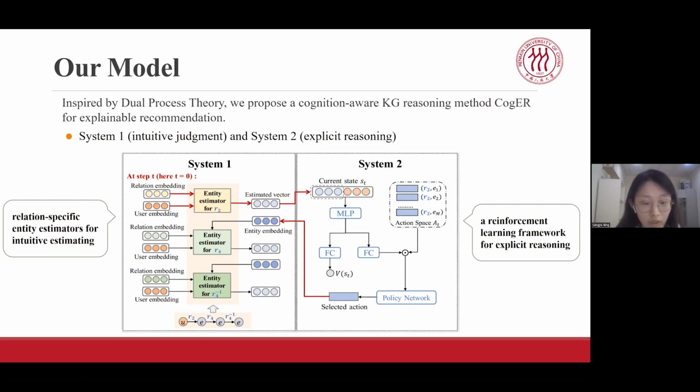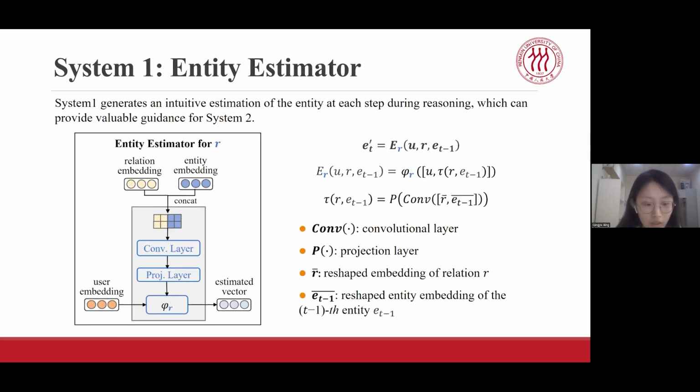Now I will introduce the two systems in detail. First is system 1, the entity estimator. For each relation, there is a corresponding entity estimator with a convolutional layer, a projection layer, and a relation-specific MLP, as illustrated on the left. The entity estimator can be summarized as the formulas on the right.